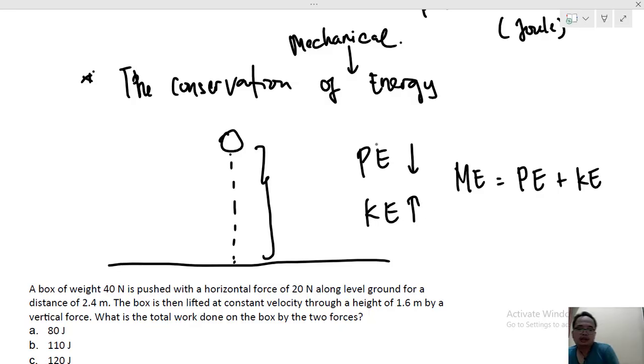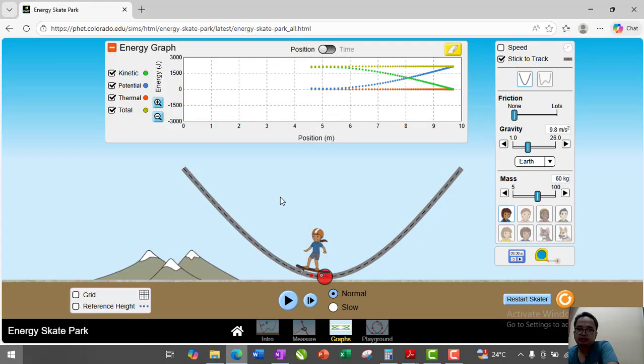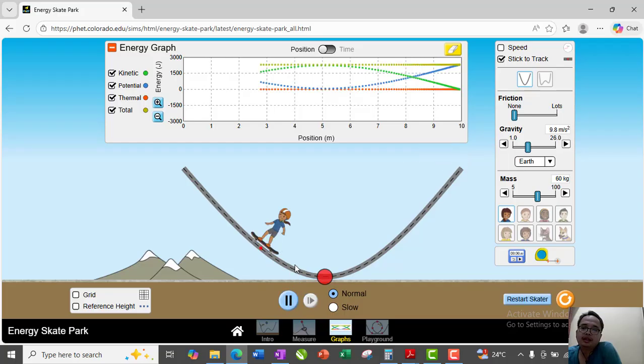I will give you an example by watching a PhET simulation. PhET is an application about energy. We can use the animation and I will drop it back and forth.